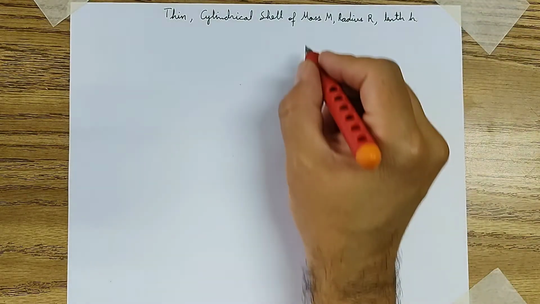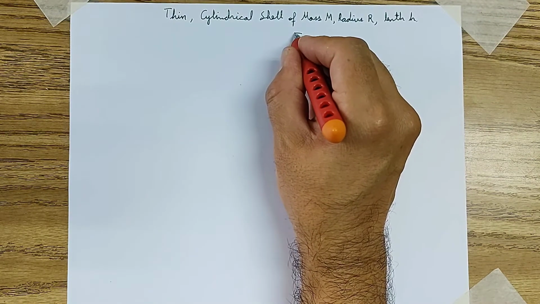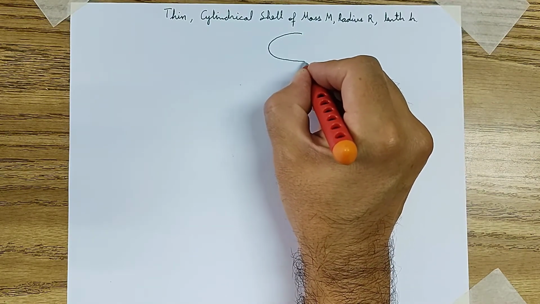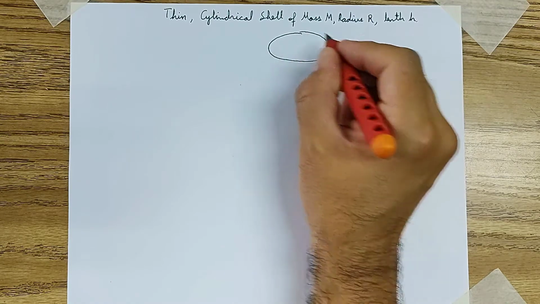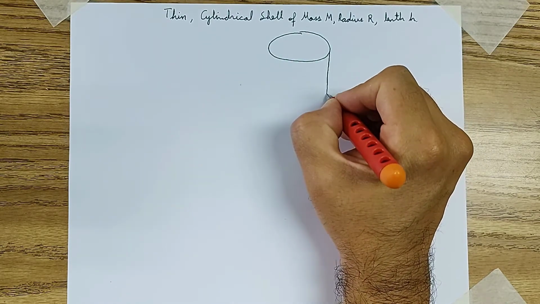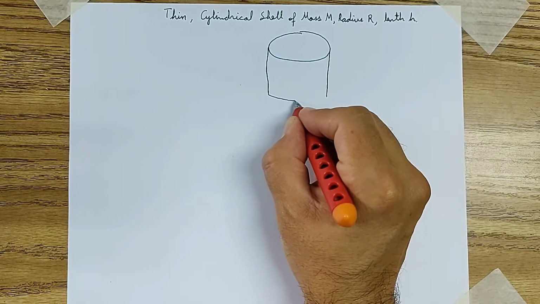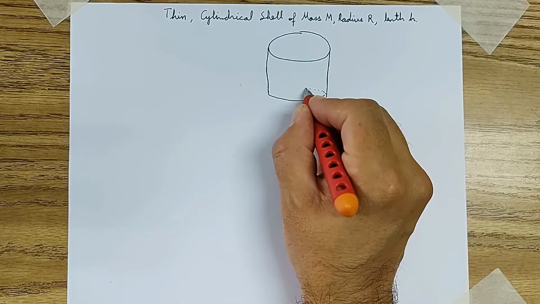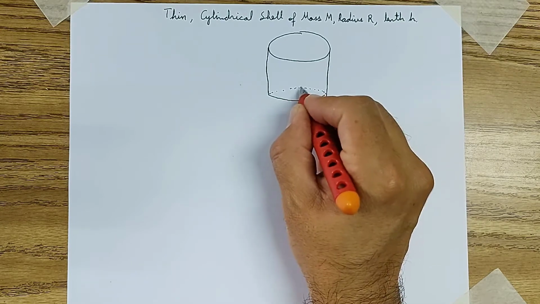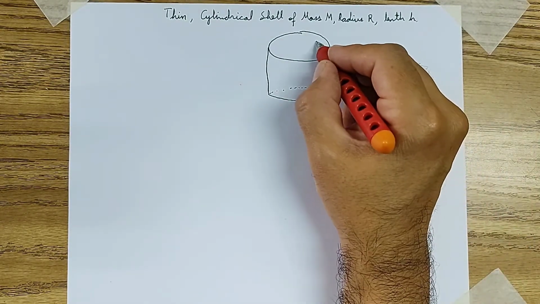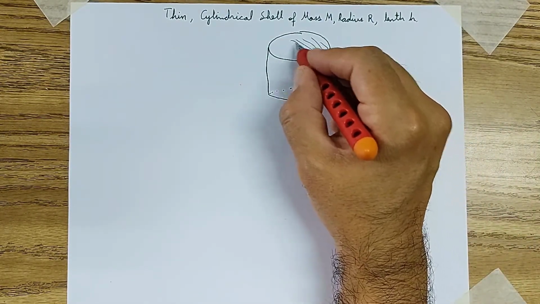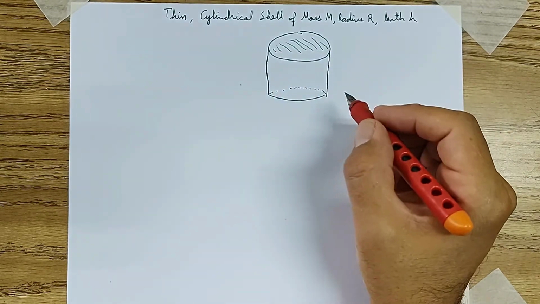The important part here is that this object is sort of like a pipe that has a very thin wall and it is hollow on the inside. So you could think that all of the mass on this object is distributed along the wall.